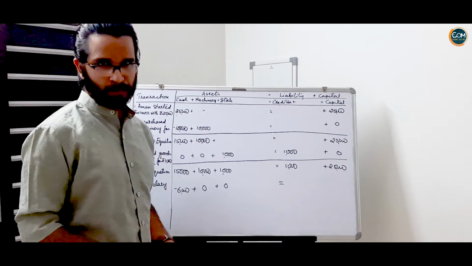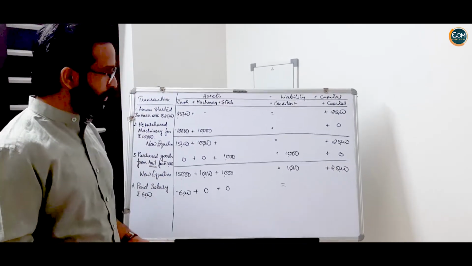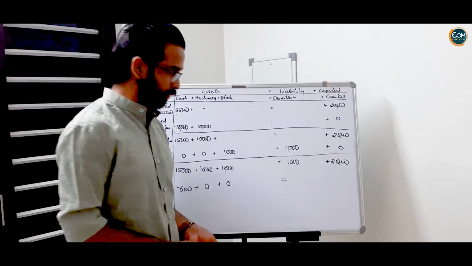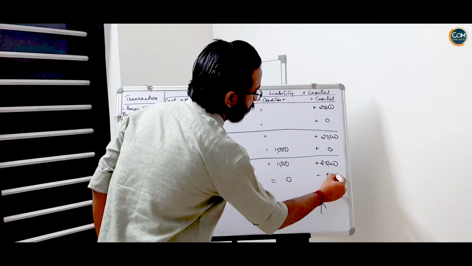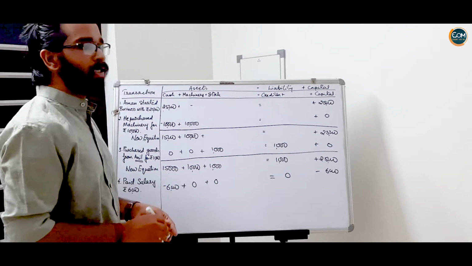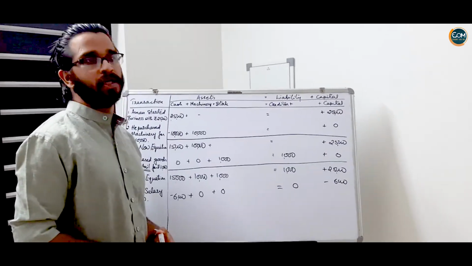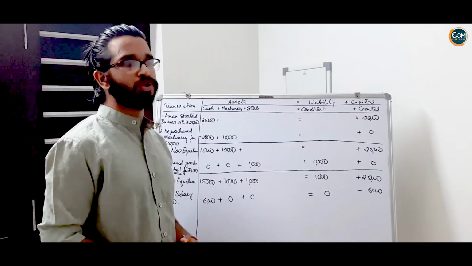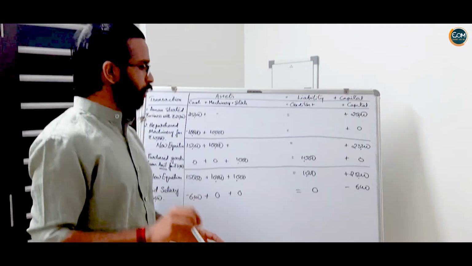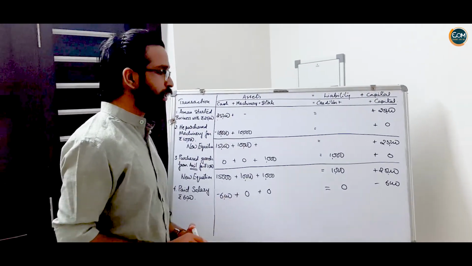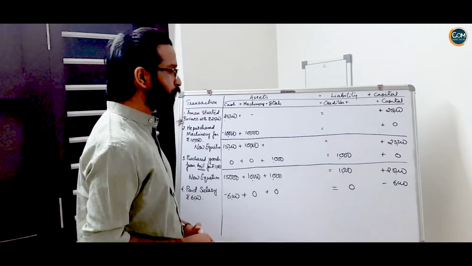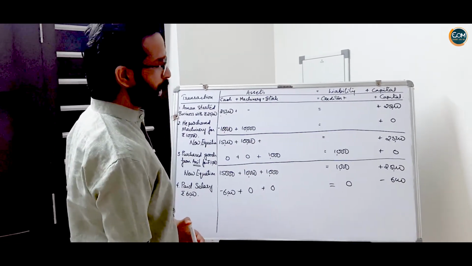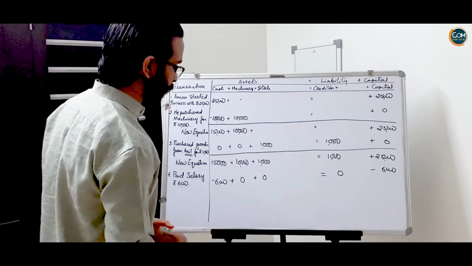Then where will it appear? It will reduce your capital. Yes, the capital will be reduced by 6,000. Since the expense is treated to affect the capital ultimately, it will be shown as a reduction to the capital.